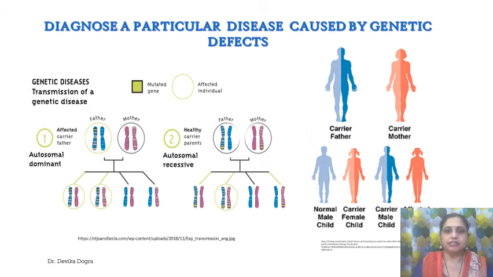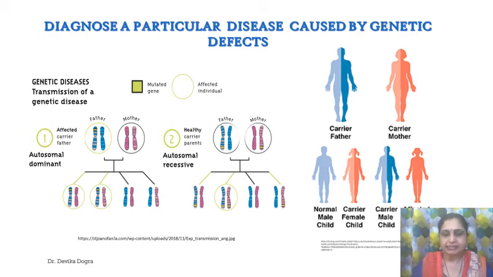Various human genetic diseases can be identified by using the accurate DNA probe from the defective gene. So, here in this slide, we are going to discuss how southern blotting will be helpful to diagnose the particular disease which is caused by genetic defects. A point mutation may destroy or create the restriction enzyme cleavage site, then the fragment size produced from the normal gene and the mutated gene will be different.